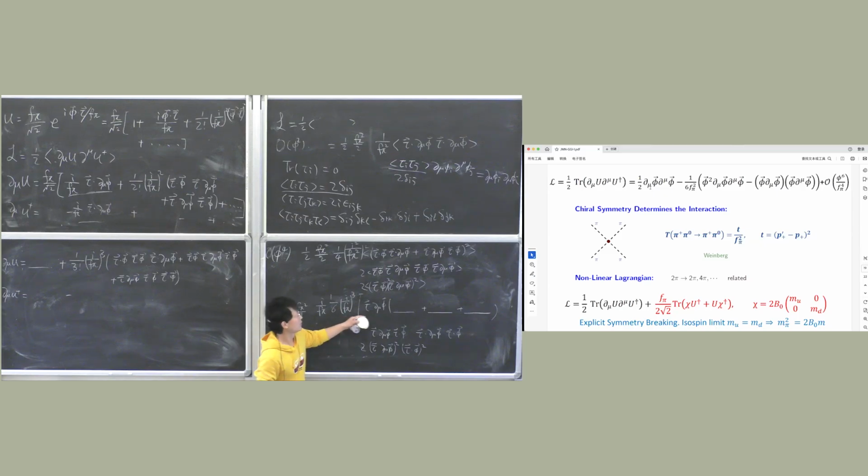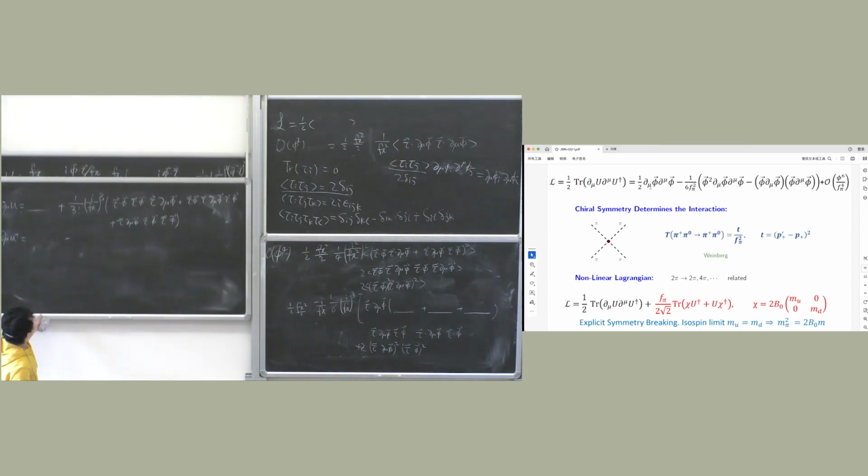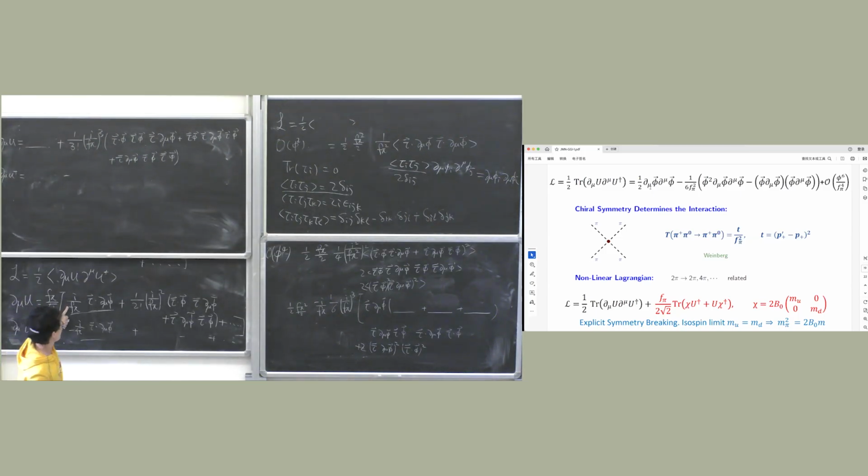Okay, so this goes to these two terms. Here we should have a minus sign here. Because this is plus, but for this one is minus. So we have an additional minus sign here.